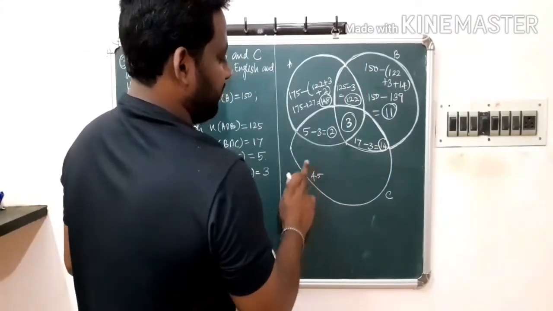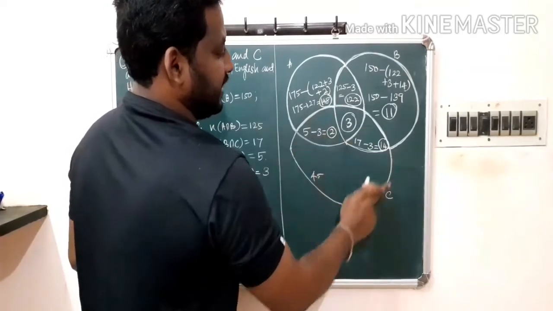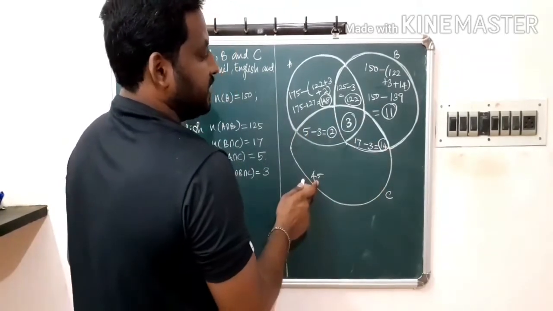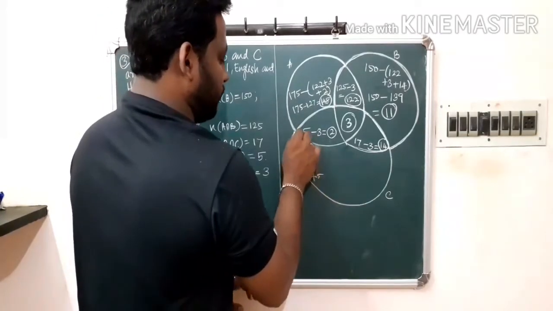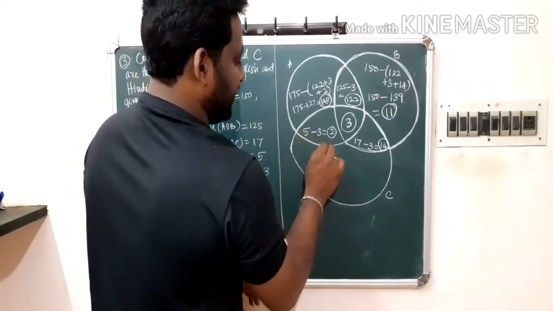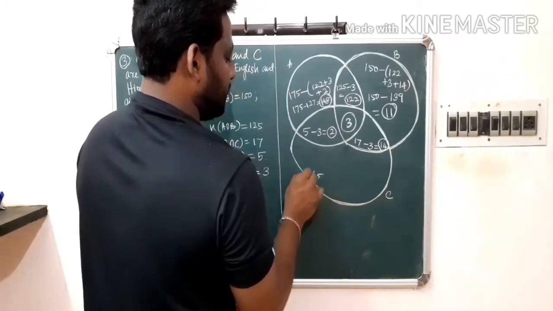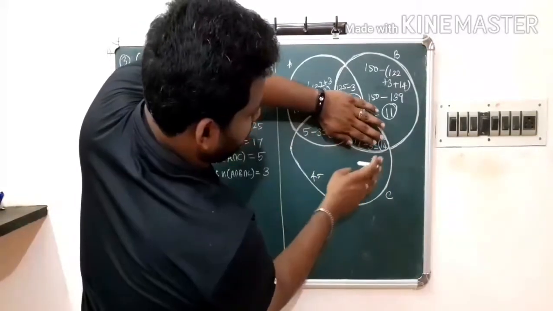Here 45 families are getting Hindi newspaper. That means the whole set is contained as 45. Here we are going to find out only those who are getting Hindi newspaper alone. This part alone we are going to find out.